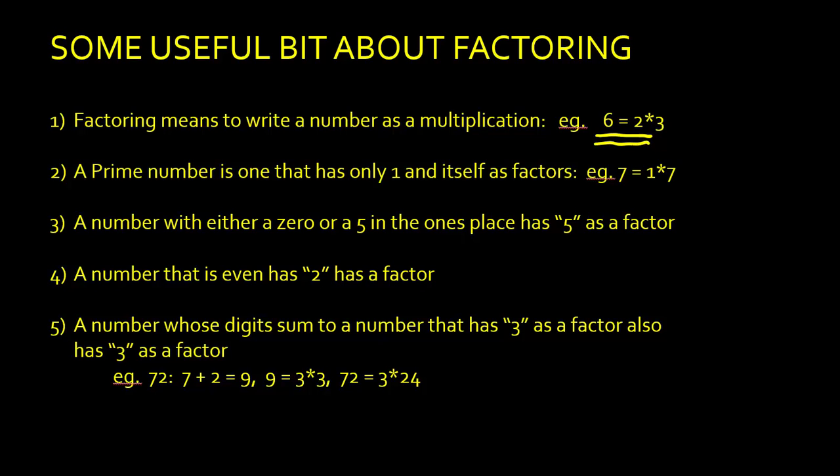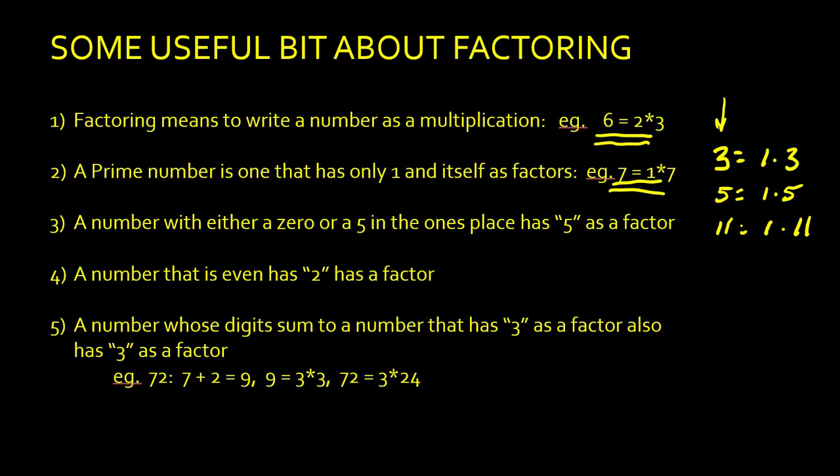In this case, I showed you 7. A couple other examples are 3, 1 times 3. 5 is an example. 11 is an example. These will typically be odd numbers.